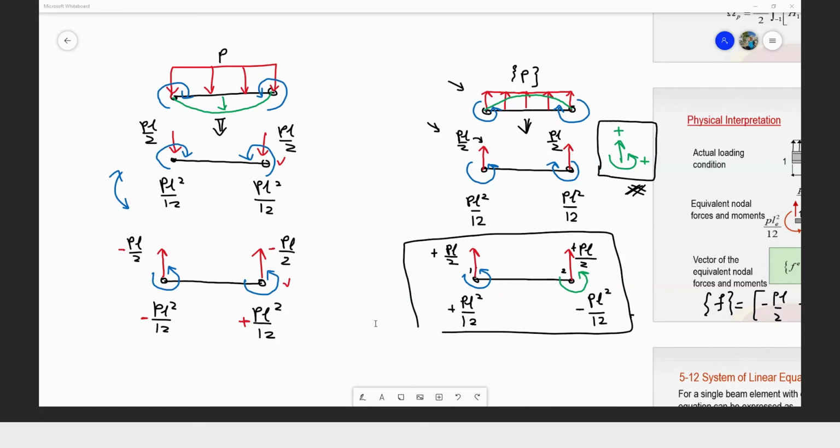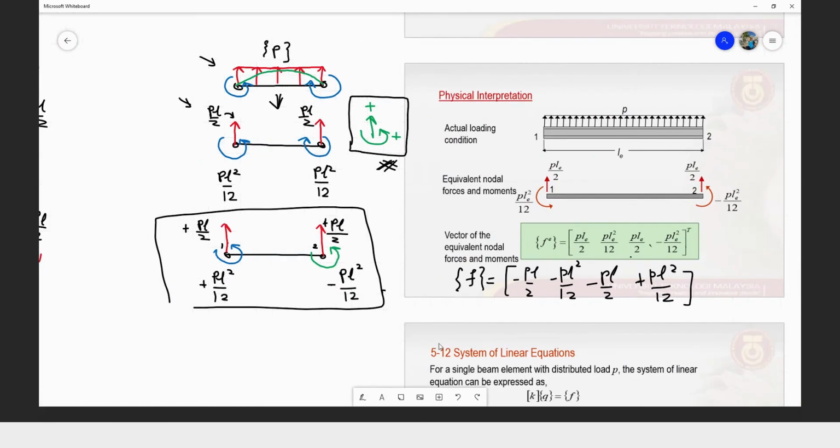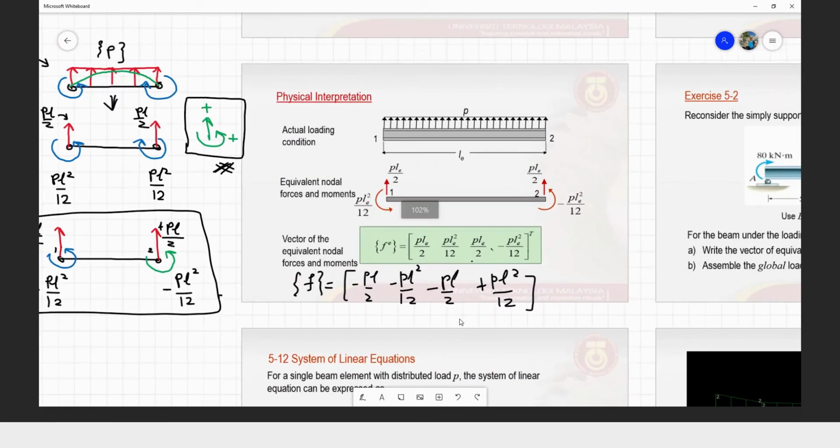So I will share it in your Telegram group. You have to be very careful with the use of the equation.